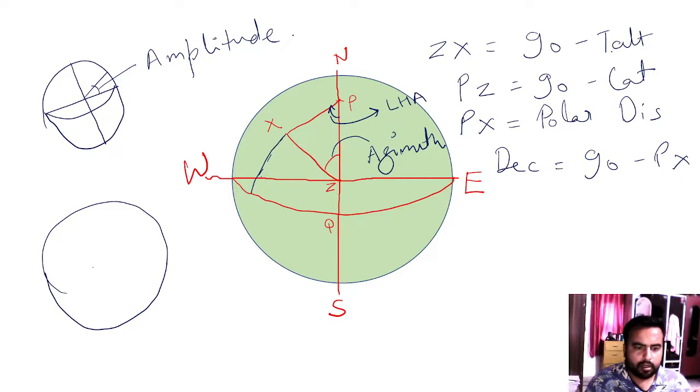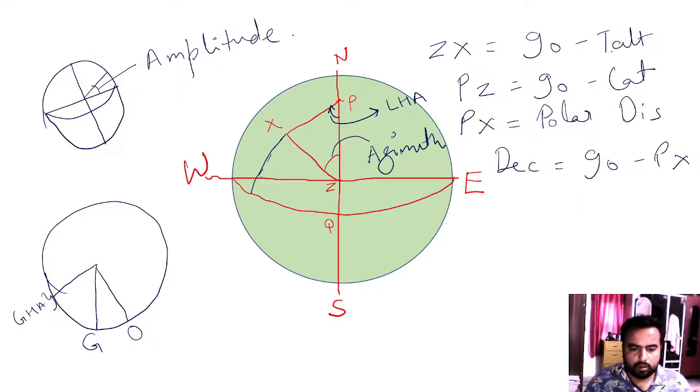This is the center, this is the Greenwich Meridian, this is the observer, this is GHA Aries, or you can say just Aries.